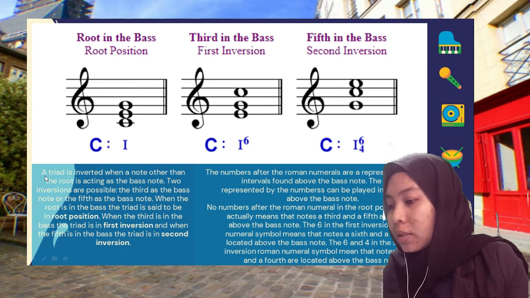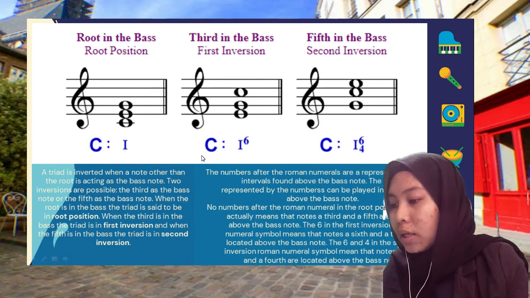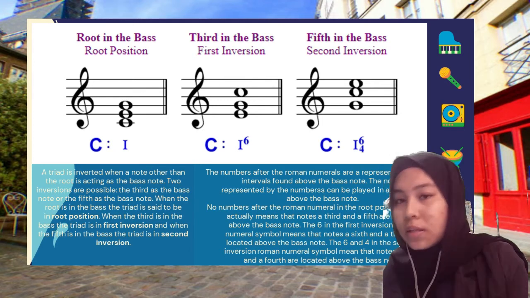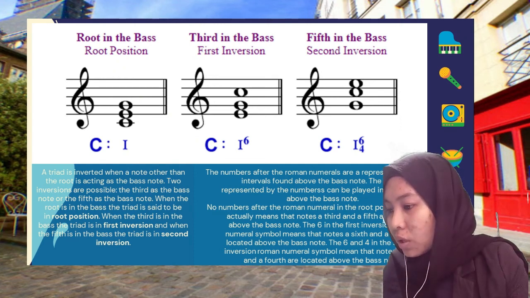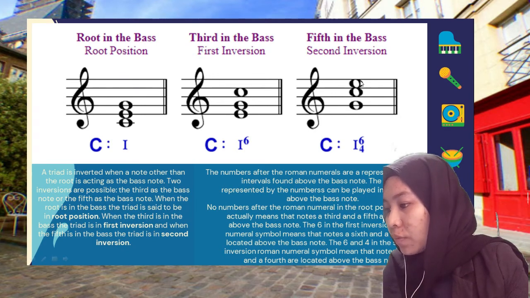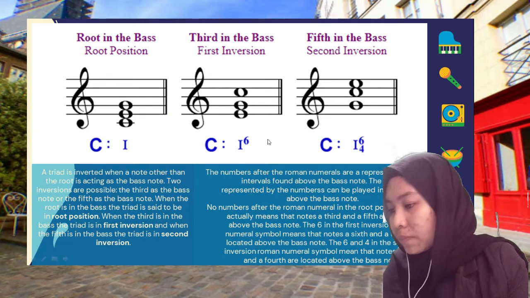Alright, a triad is inverted when a note other than the root is acting as the base note, which means the root has moved from the base note, because the base note can be moved, inverting into either the first or second inversion.